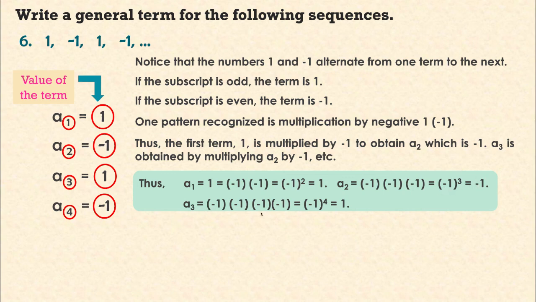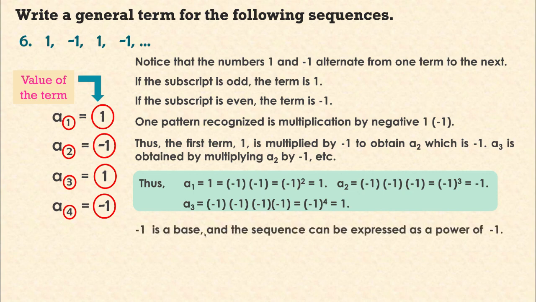A sub 3, this came from a sub 2, so negative 1 times negative 1 times negative 1 times negative 1, that will be negative 1 to the fourth, which is positive 1. Therefore, negative 1 is a base, and the sequence can be expressed as a power of negative 1.